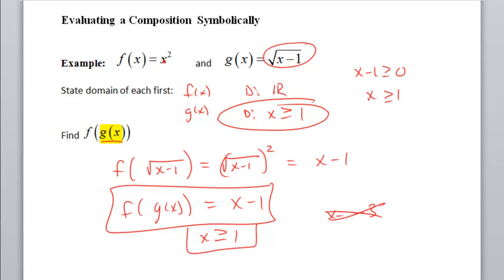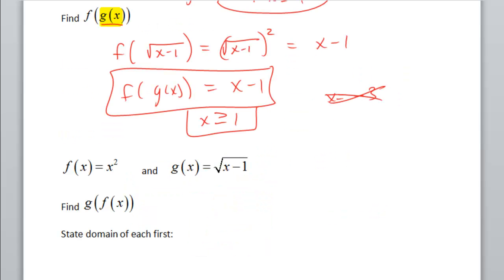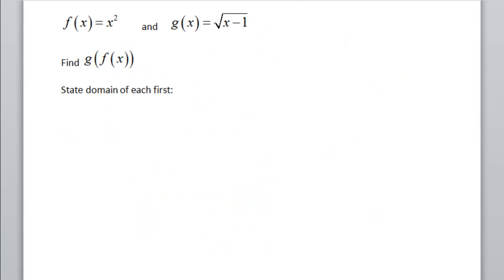Alright, let's find g of f of x now. We have the same functions, but we're just going to find the opposite way. G of f of x. We're going to take the function f of x and put it into the function g. So that means this will go inside right there. So we have g of f of x will be equal to g of x squared, because the function f of x is x squared.